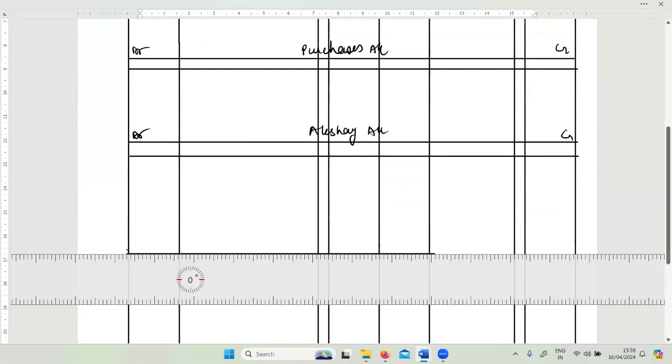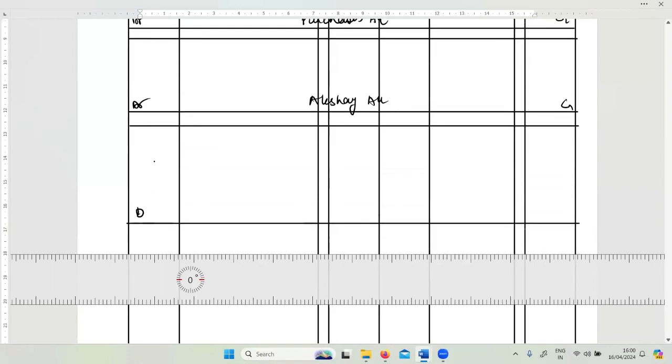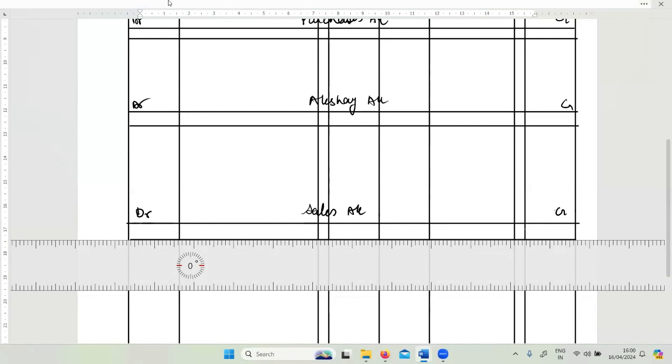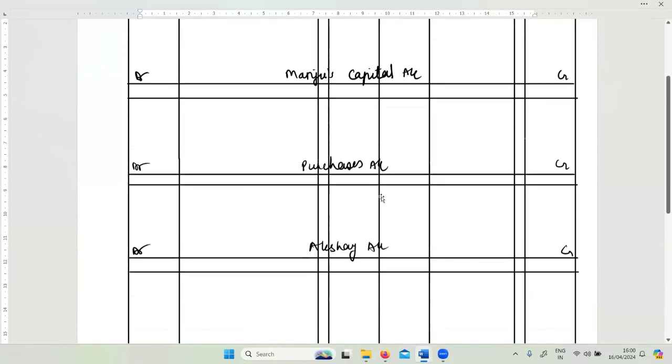Sales account. Fine. So I have now all the ledger accounts drafted here.